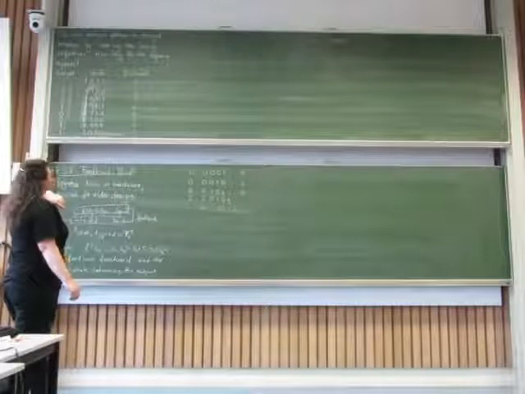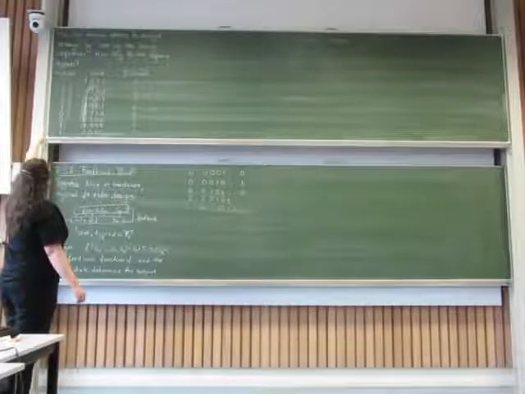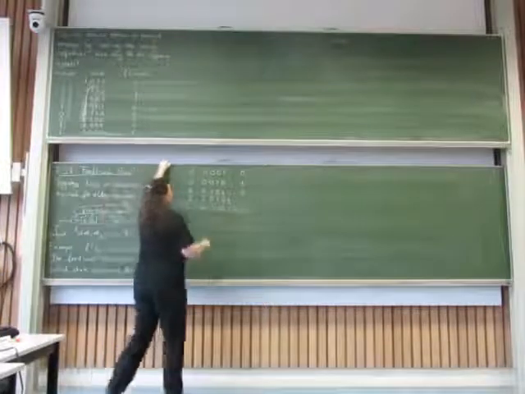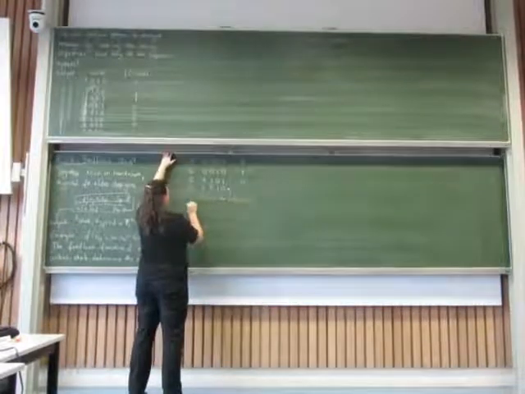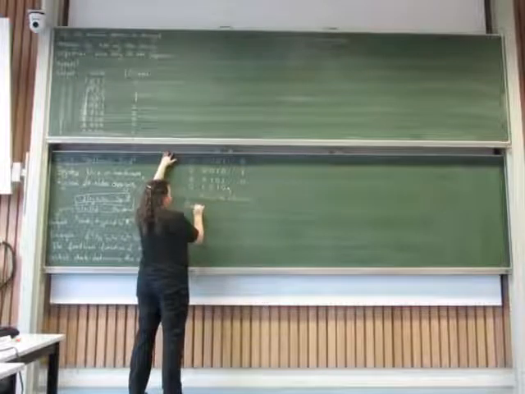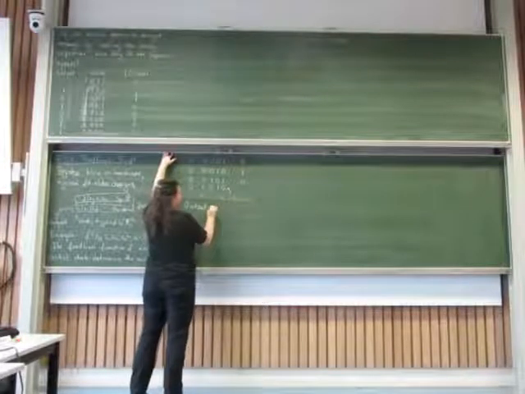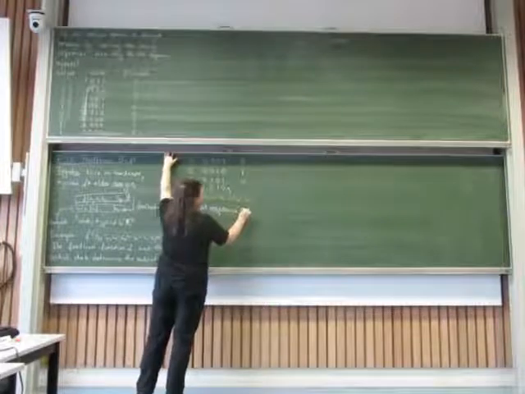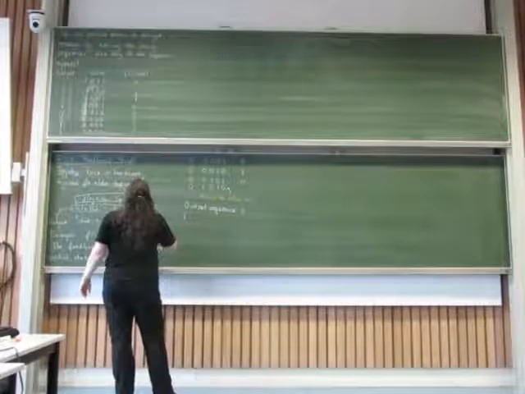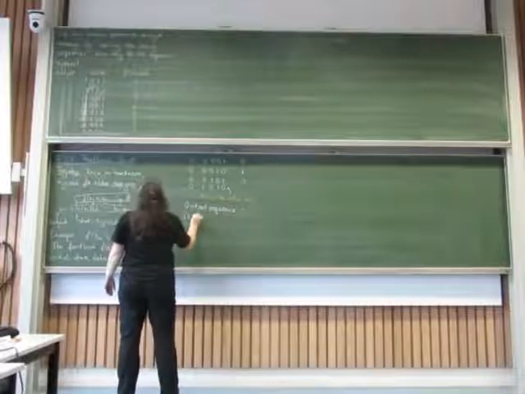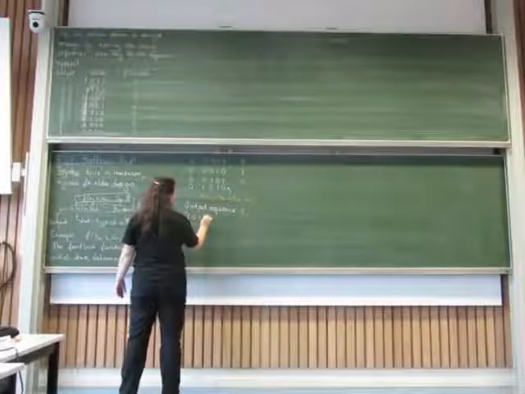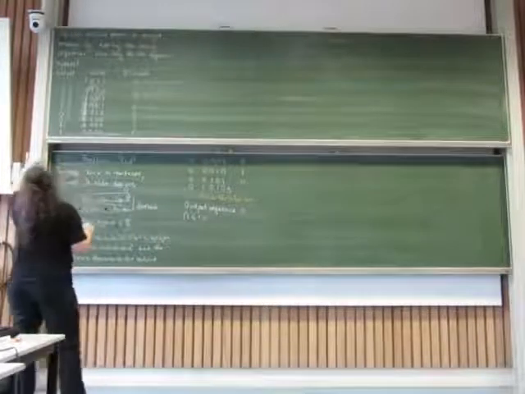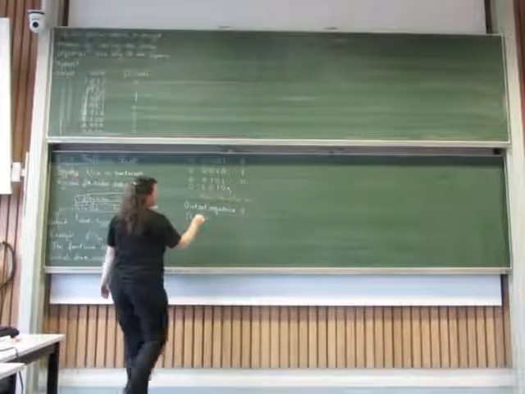So the output sequence is this long stretch, and then it just repeats. So the output sequence is, in this case, it's starting 1, 0, 1, 0. That was our state, so nothing interesting here. Then 0, 1, 1.